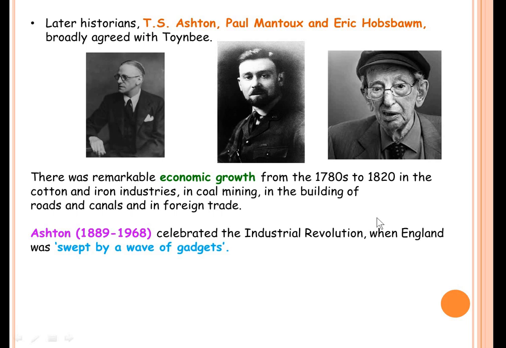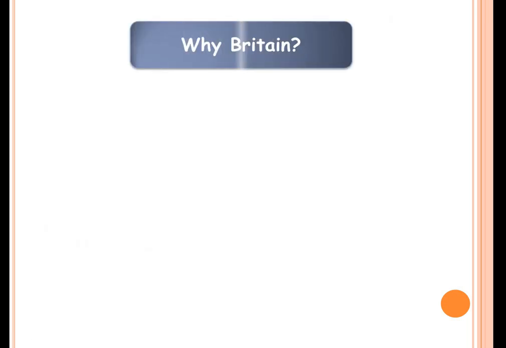Around Europe also people got influenced. Ashton, this is Ashton, celebrated the Industrial Revolution when England was swept by a wave of gadgets. England saw the invention and revolution which was created because of the use of gadgets, electronics, communication, not like how we use it now, but because of that they called it the industrial phase in England.